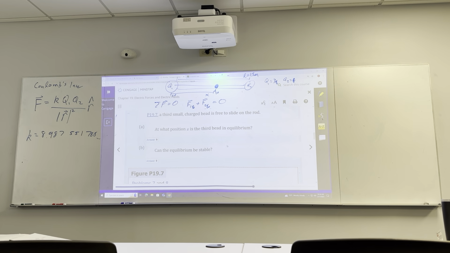Now I have to add 2 charges, so I have to be a little more careful with the signs and the directions here. What are Q1 and Q2 equal to? Q1 is 3Q, Q2 is Q. We don't know what Q is.